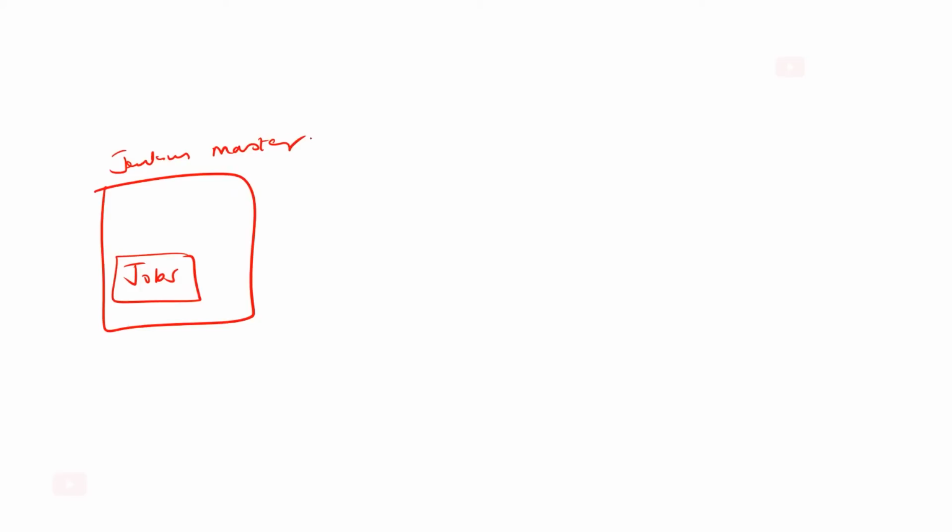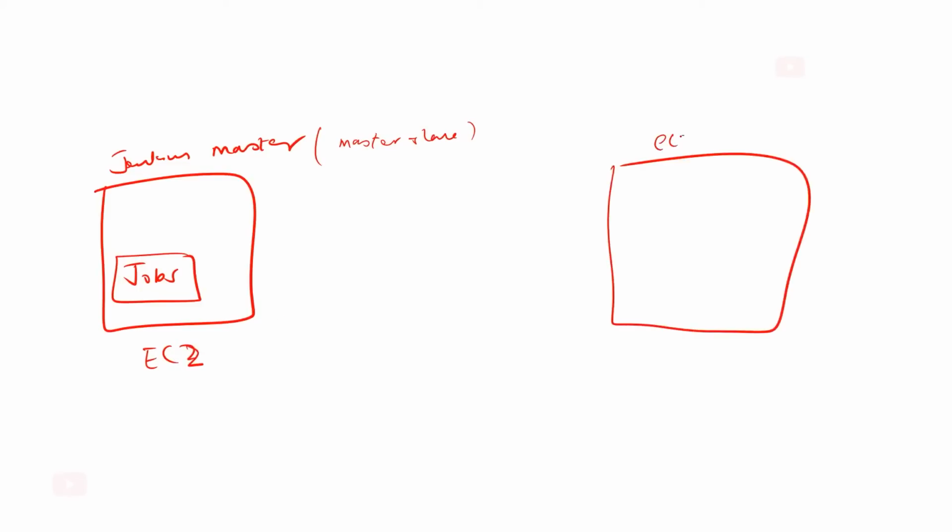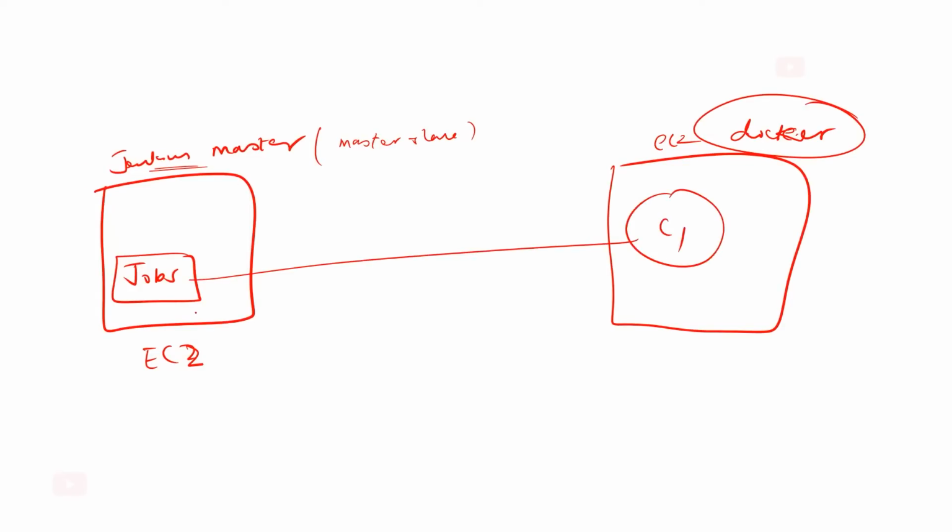I'm doing this to unload the master and also to have a master-slave kind of setup. Now let's say your Jenkins master is running on some EC2 instance. I have another EC2 instance where Docker is installed. I want this Jenkins to create a container for every job.